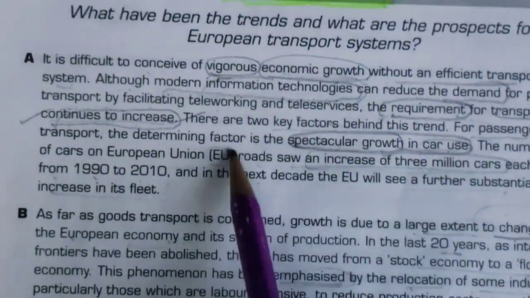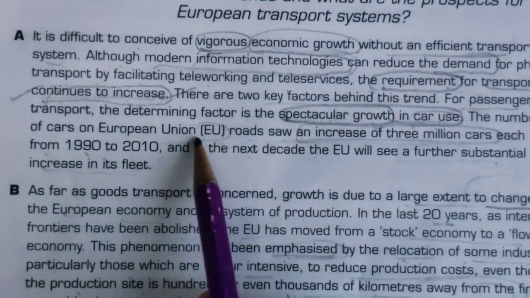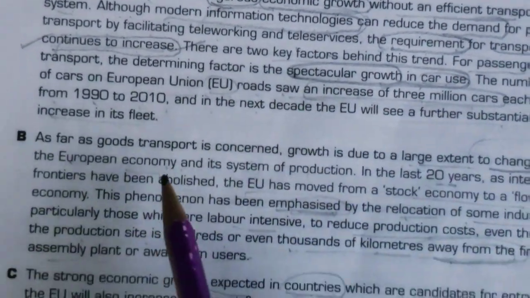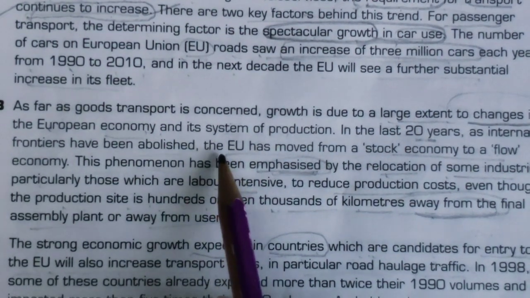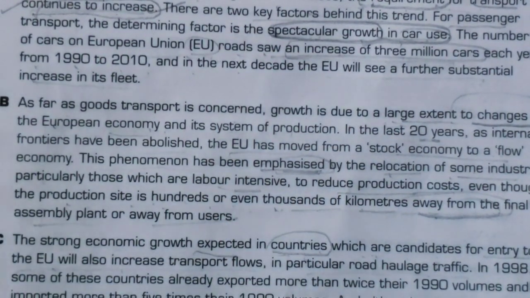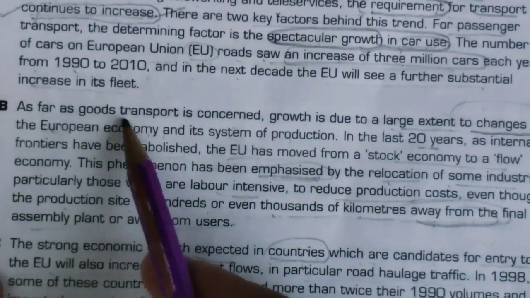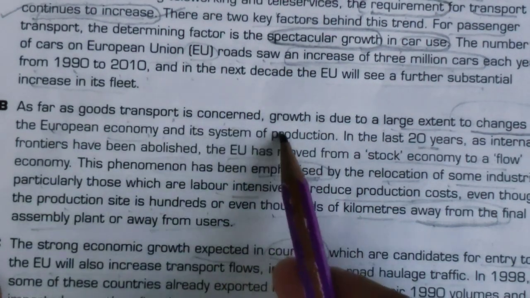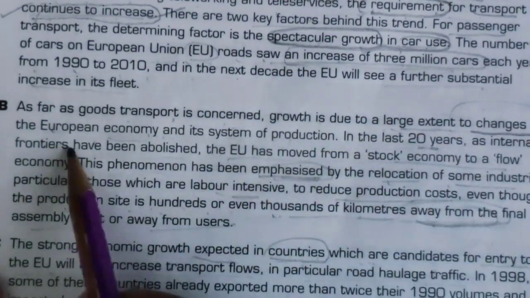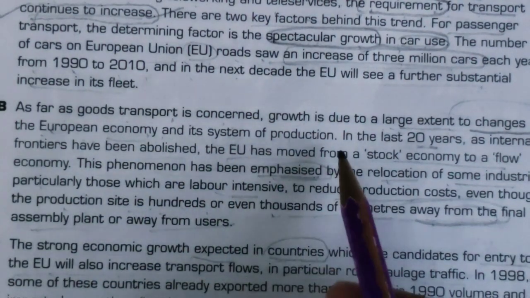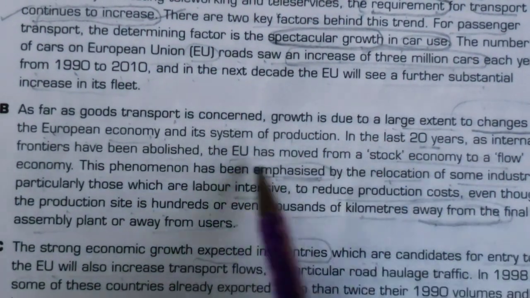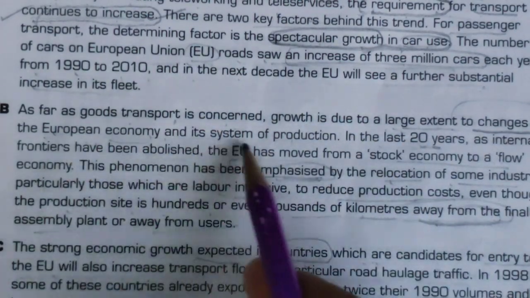Here they are talking about cars, roads, so an increase. Okay, so let's read the next paragraph because we know where they are talking about this thing. So as far as goods transport is concerned, growth is due to a large extent to changes in the European economy and its system of production in the last 20 years. Okay, so large extent, European system.